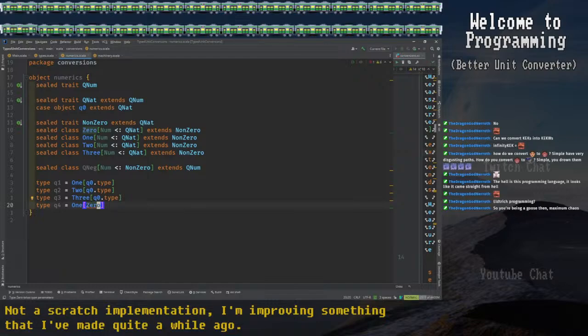Wait, hang on. Am I doing this right? Yes, I am doing this right. Okay, hang on. Give me a second. I need to remember what my numeric system looked like, because I remember doing this before in another language, and I need to look it up.